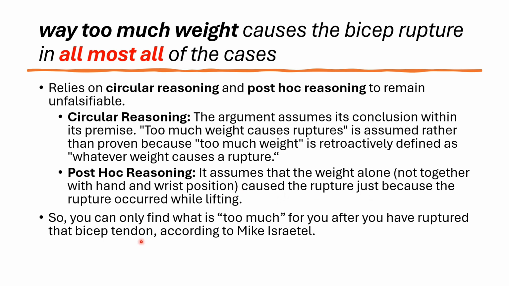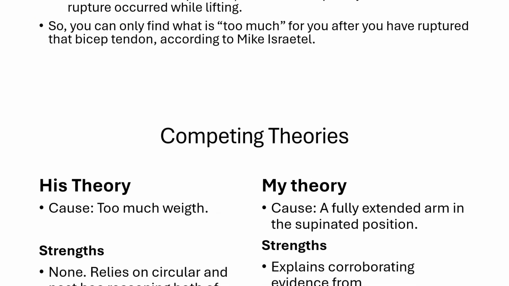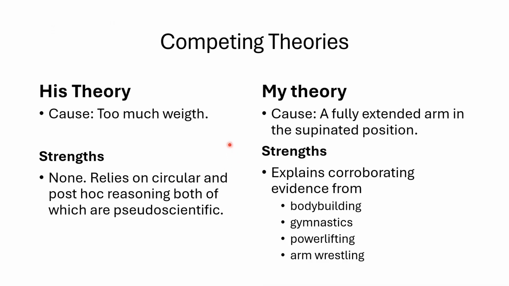Okay, so let's look at our scientific theories here. Comparing theories. His theory: too much weight in almost all of the cases. So not always. You can still tear it with lightweight, but okay. That was his scientific theory.